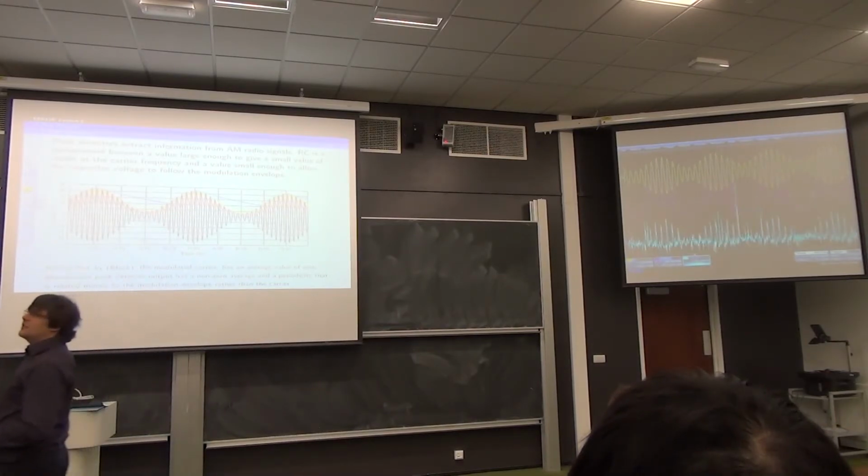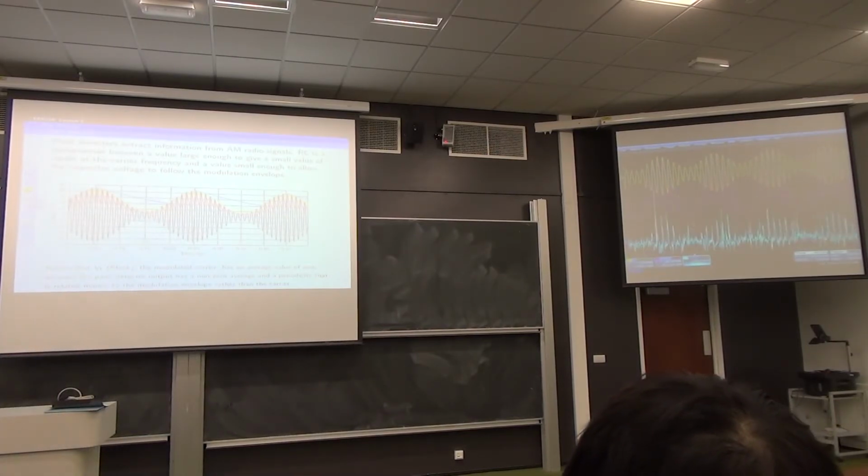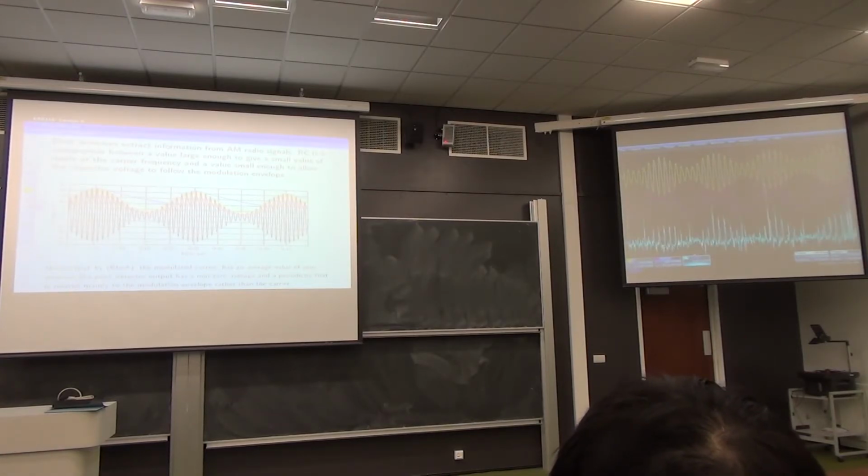So if I said sketch some ideal diagrams for peak detected AM, that's the sort of thing I'd be expecting to see. What are we up to now? So if we did make the time constant too big, how might it look?